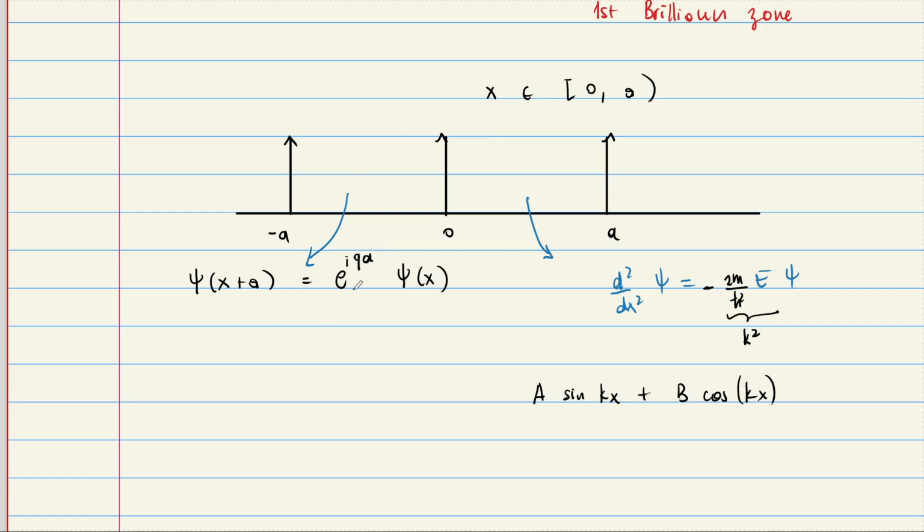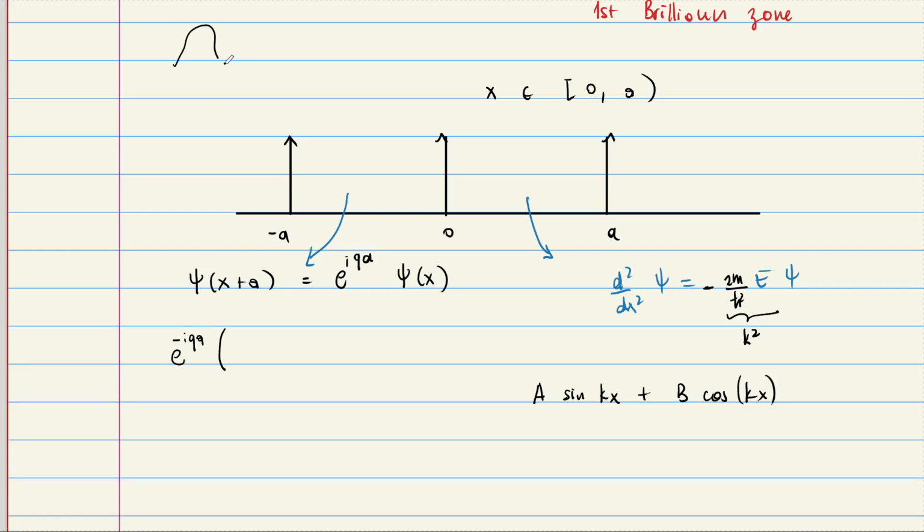And the way I translate is, so this is psi of x, I'll write it as e to the minus i qa, so I take this to this side. So this is psi centered at x equal to minus a, right?